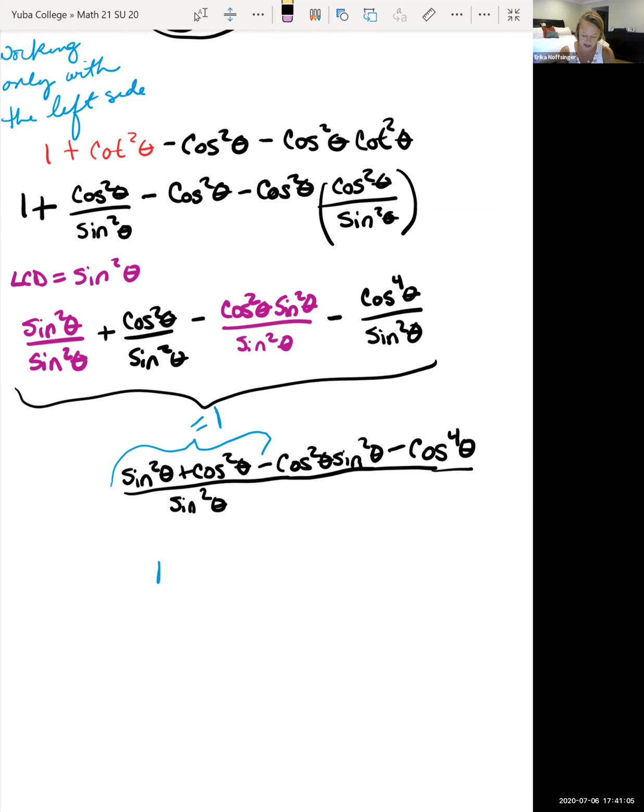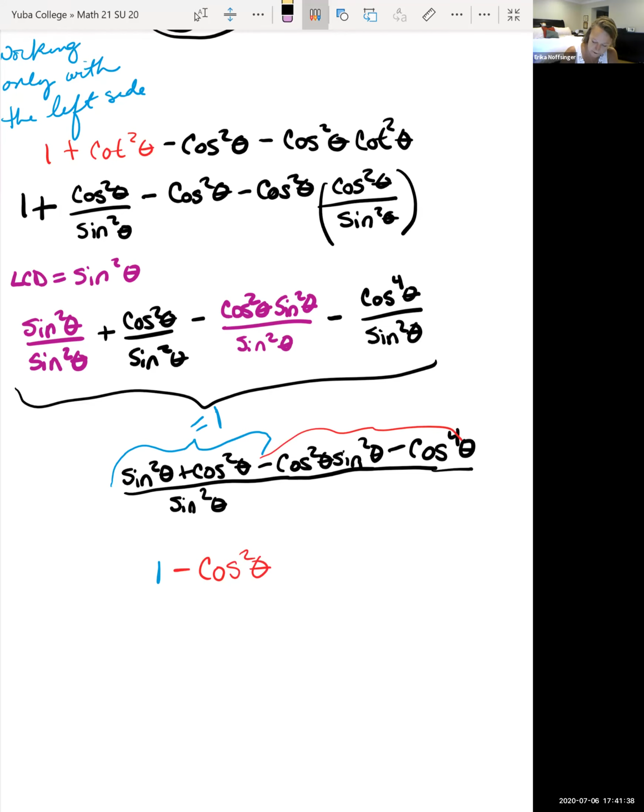But notice that in the last 2 terms in the numerator, we can pull out a cosine squared. And maybe I should have left this cosine to the 4th theta as cosine squared times cosine squared. I notice I'm also going to have something that looks almost like our Pythagorean identity. So let's pull out a negative cosine squared.